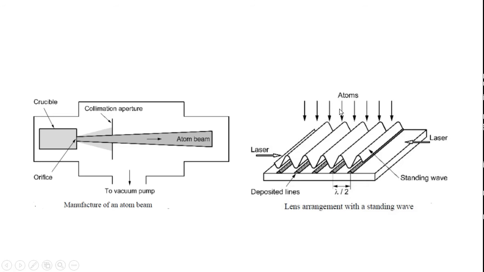This is the movement of atoms along the beam, and this is the laser, which makes control possible horizontally and vertically. That is the standing wave. The standing wave is produced and crosses the beam, from one side and from the other side, so that both horizontally and vertically this atom beam can be controlled well.